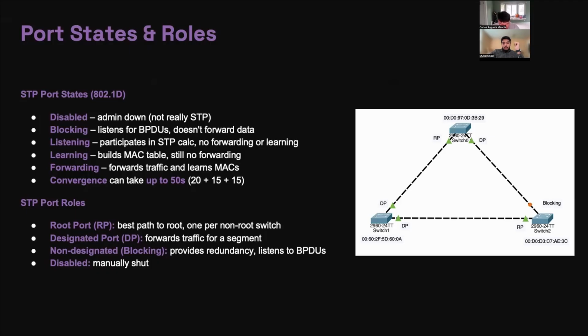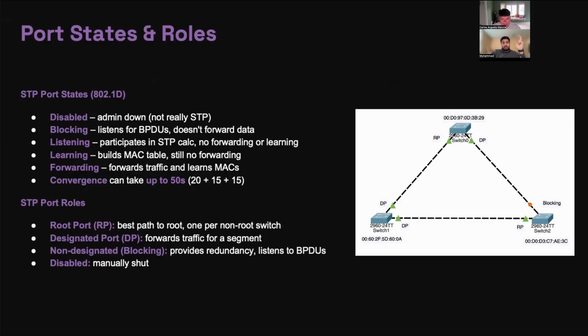And in this picture, or lab, that we have on the side, you can tell the root switch is switch one, because the links that are connected to switch one, those ports are known as root port, or RP, and that tells you that switch one is the root switch. And a quick way to tell here is, if you look at the MAC addresses, the lowest MAC address is switch one. So we can quickly assume that if they're all in VLAN one, switch one will be the root bridge.